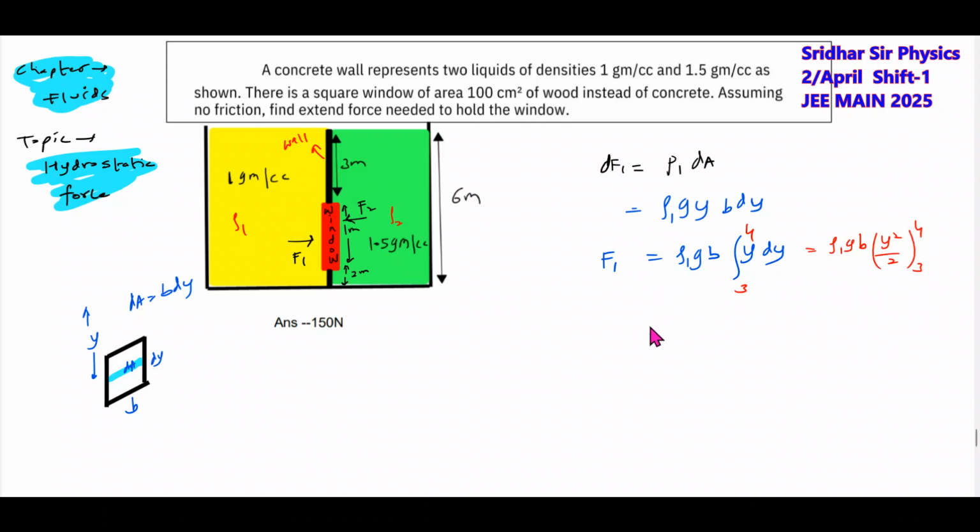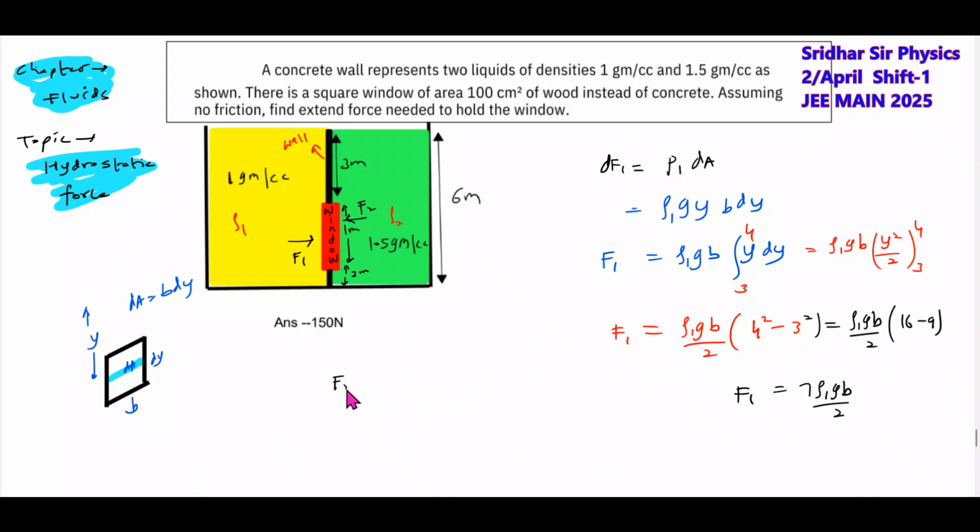So F1 is rho 1 g B by 2 times (4 square minus 3 square), which is 16 minus 9, that is 7. This is the total force.